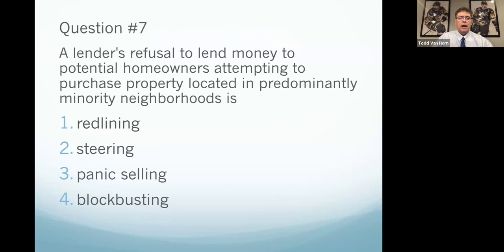Question number seven, a lender's refusal to lend money to potential homeowners attempting to purchase property located in predominantly minority neighborhoods is called what? Redlining, steering, panic selling, or blockbusting.